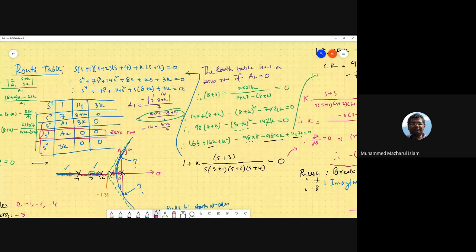If you have one sign change then you'll have one pole on the right hand side, another pole on the left hand side. And if I get A1 negative then there will be a problem. So let's check A1, shall we? This is A1. A1 will be 14 minus 8 plus 9.65, that's the value of k, divided by 7. Can you check whether this is positive or not?